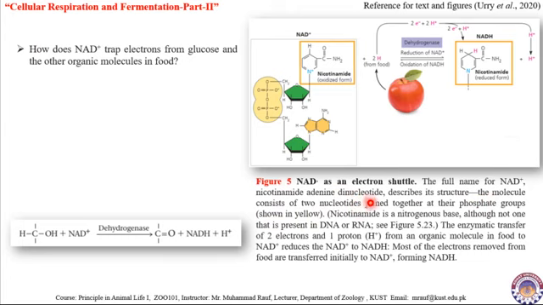This dinucleotide refers to two nucleotides, 1 and 2, and these two nucleotides are joined together at their phosphate groups.